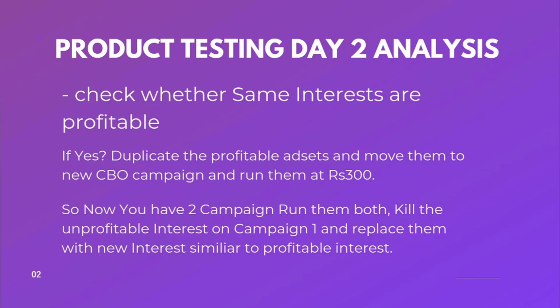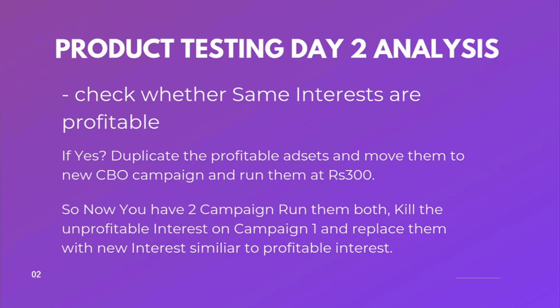So now you have 2 campaigns. One is the testing campaign and one is the profitable interest campaign. You will need to run them both at the same time. Don't kill anything, only kill the unprofitable interests in campaign 1, which is the testing campaign, and replace them with new interests similar to the profitable interests.